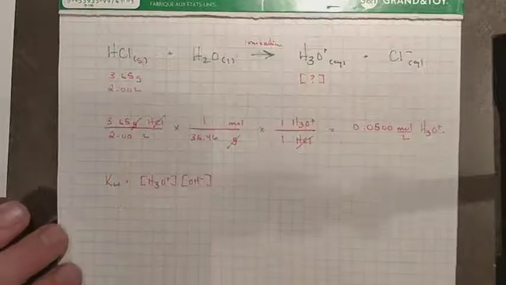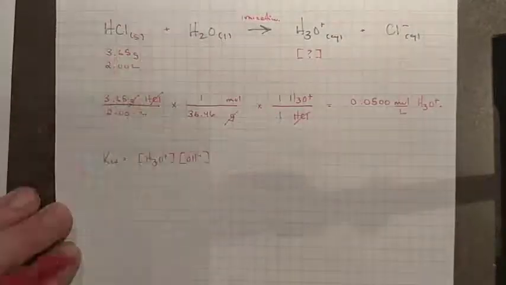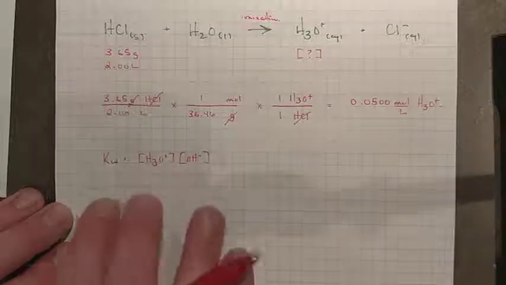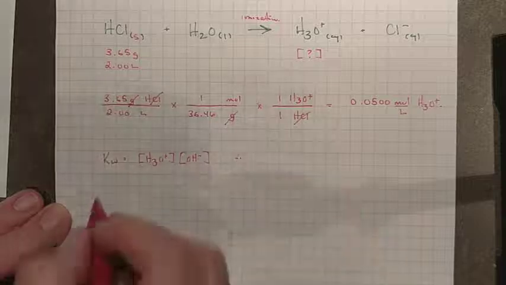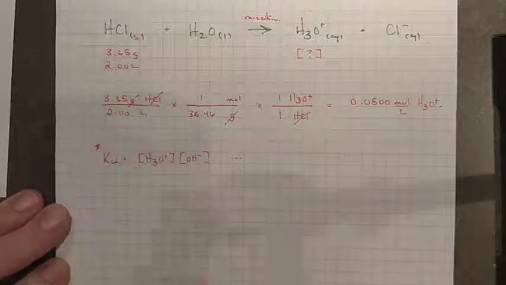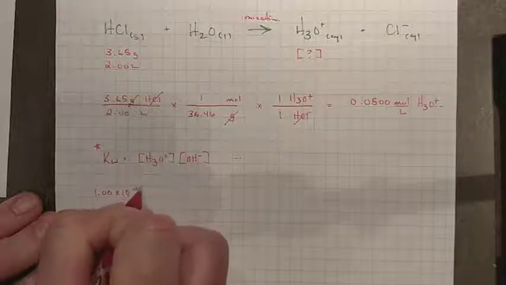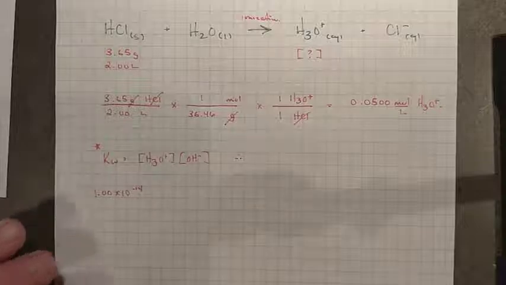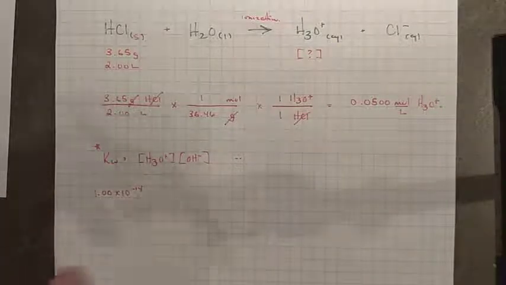Liquid would of course cancel. The solid HCl would cancel, so there'd be nothing for the reactants in the denominator, and this is our equation. Fill in your numbers that you now have. Kw is a constant: 1.00 times 10 to the negative 14. No units here.